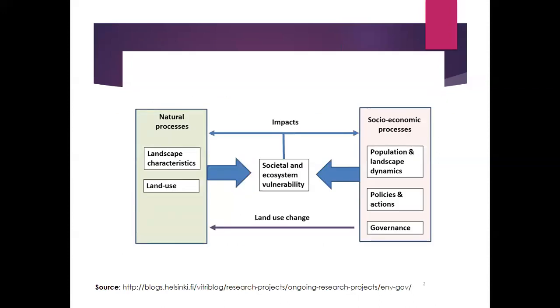Okay, this diagram here also attempts to explain or summarize some of what we have been talking about. So here we have our natural processes and our natural environment that would look at the landscape characteristics in general, then your land use. And on this side, we have our socioeconomic processes, population and landscape dynamics, policies and actions, governance, etc. Right?